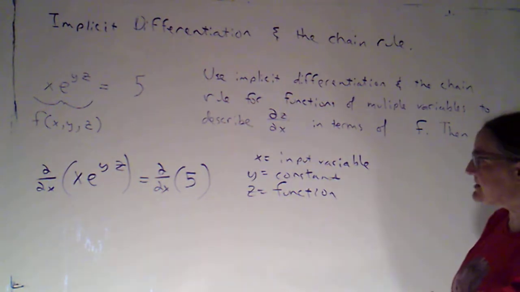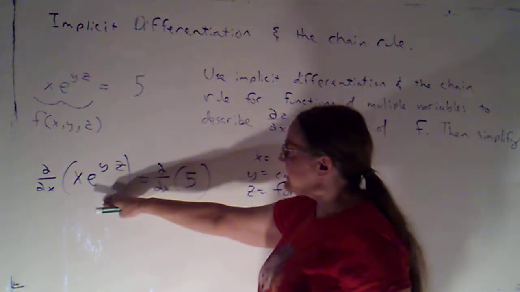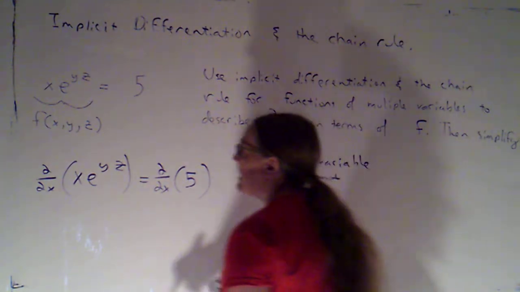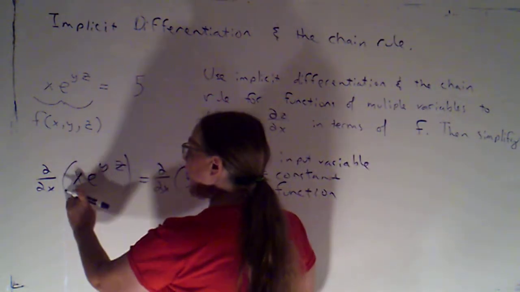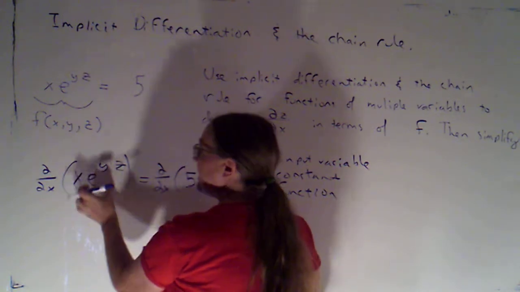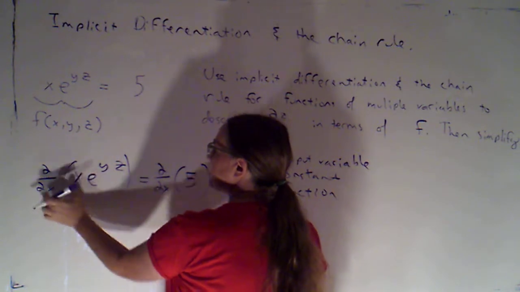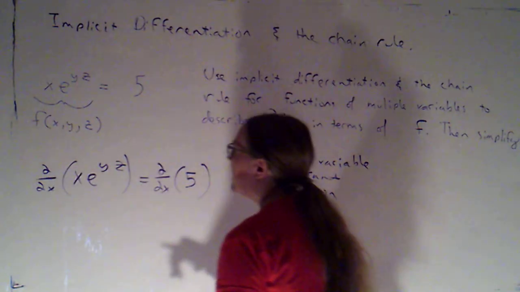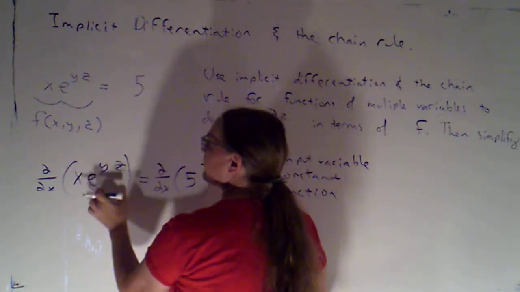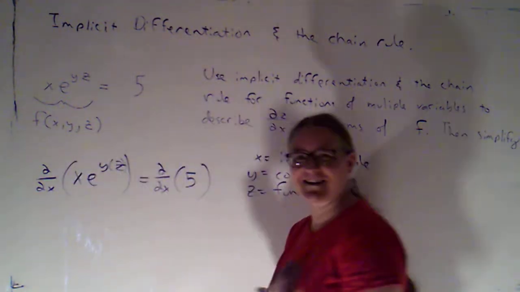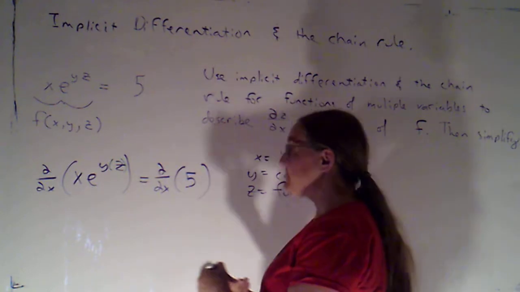Okay, excellent. So when I take the partial on this left-hand side, I would say, okay, x is just a constant, and I'm multiplying that by... I'm taking the partial with respect to x, I'm sorry. So this would actually be product rule. My bad. x is not a constant, y is the constant. So I would be using product rule here.